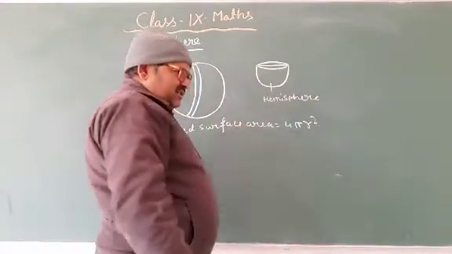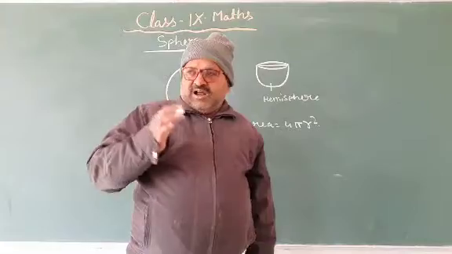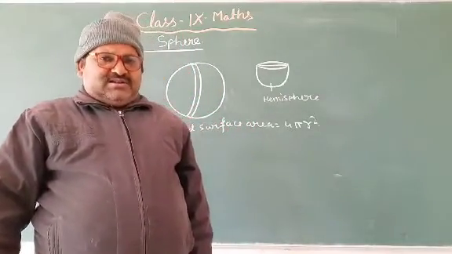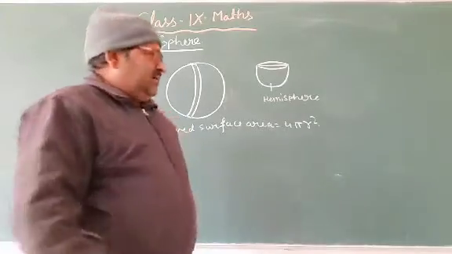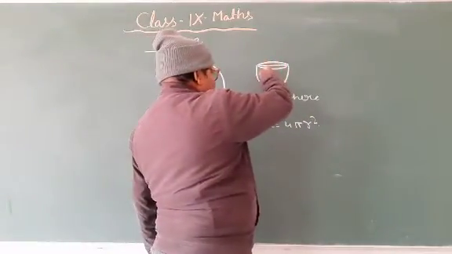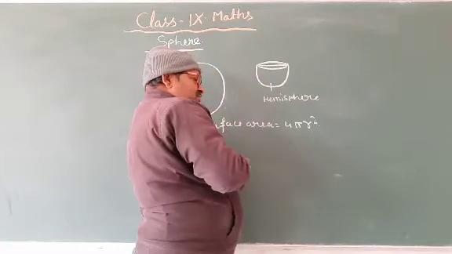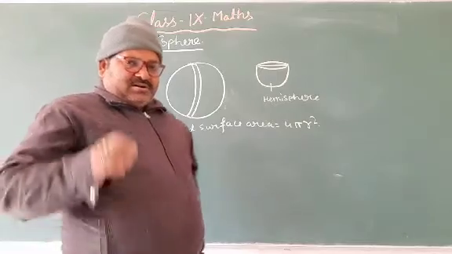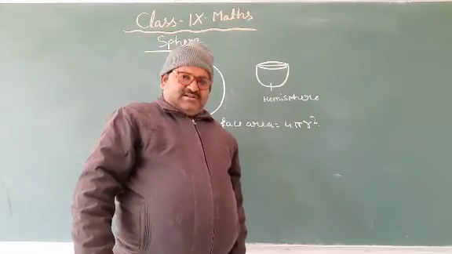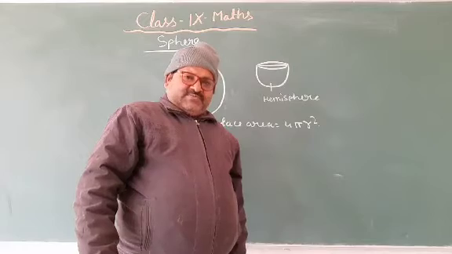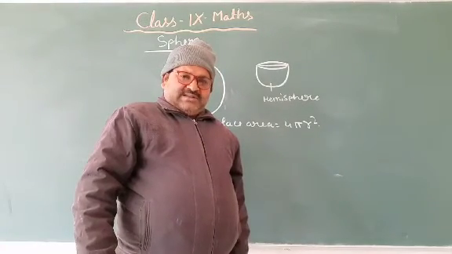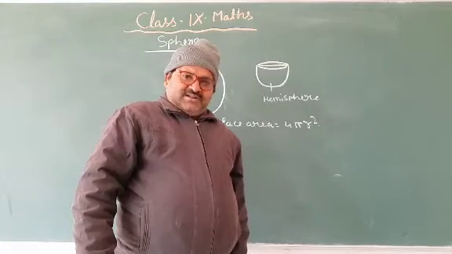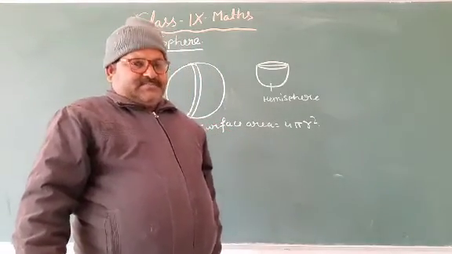In the hemisphere, the half part is the curved surface area and the upper part is circular. So we find the curved surface area of the hemisphere as well as the total surface area of a hemisphere.